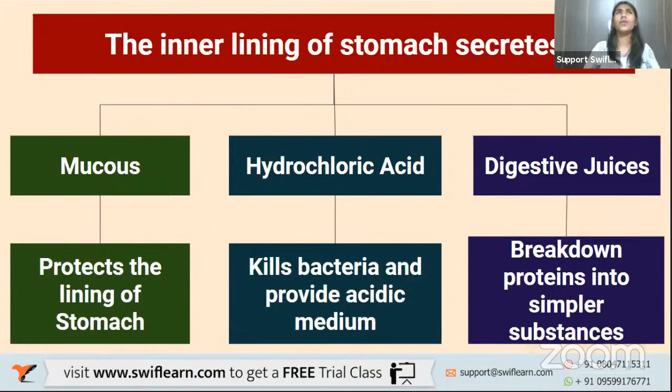Why do we need this acidic medium for your food? It is because protein digestion is happening by enzymes. These enzymes will only work on the food if the food is acidic in nature. That is why you make your food acidic. I'll repeat it once again because it is an important point. The food is mixed with hydrochloric acid and made acidic so that the protease enzyme, the enzyme that digests protein, can work on the food.